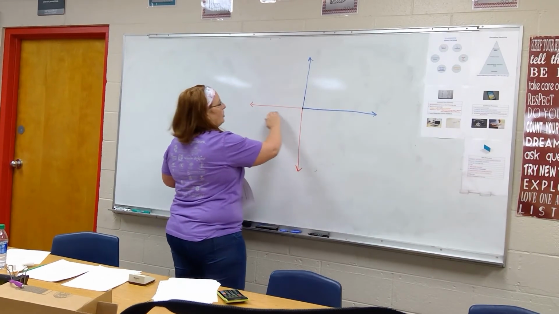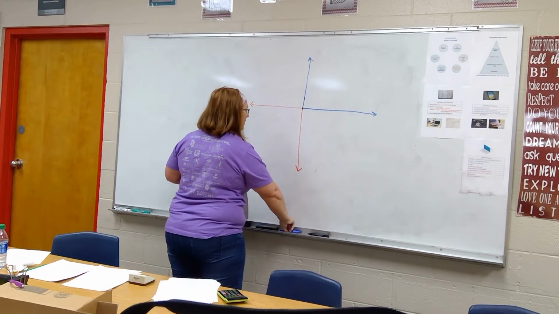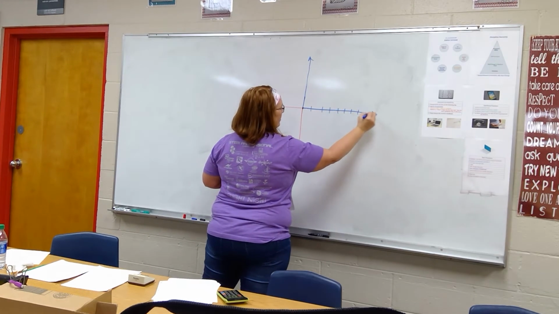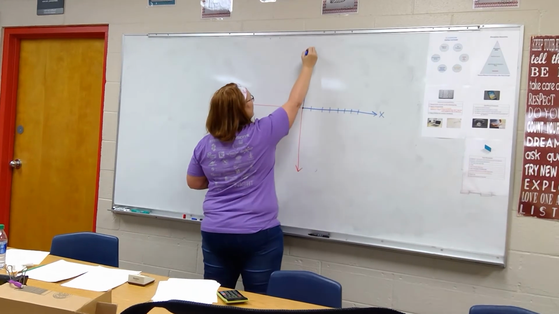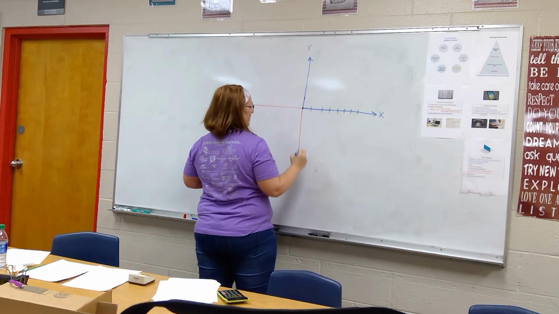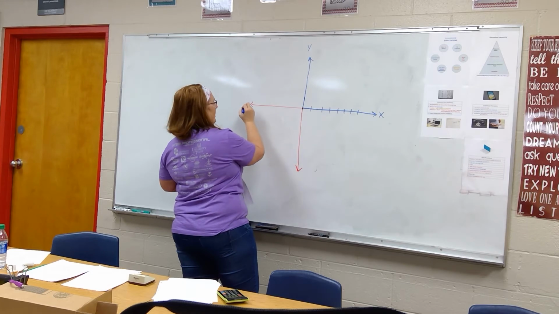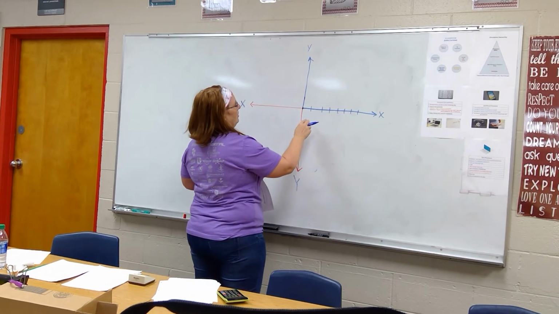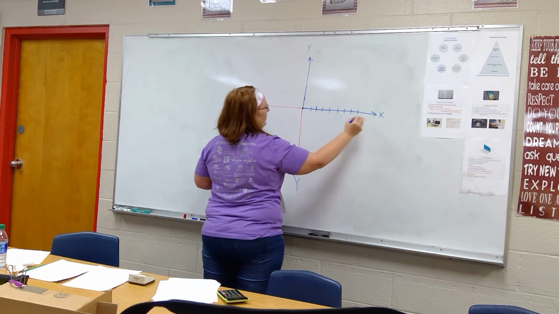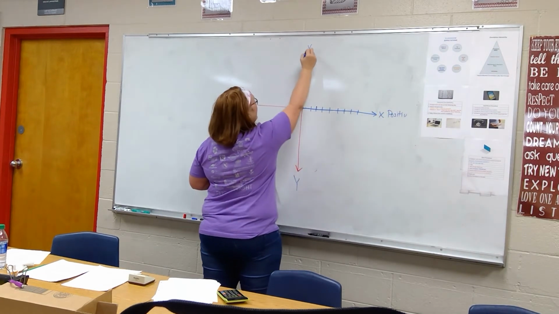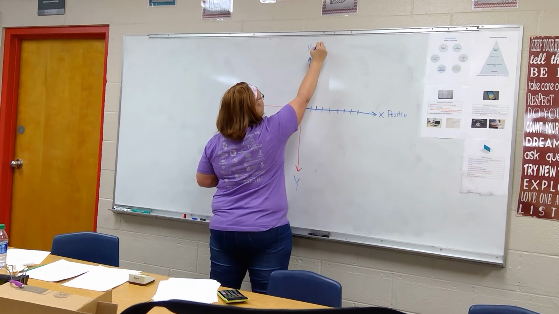Okay, this is still our horizontal line. These are going to be our positive numbers. This is still X. This is still Y. So these are going to be positive numbers for X. These are positive Y numbers.